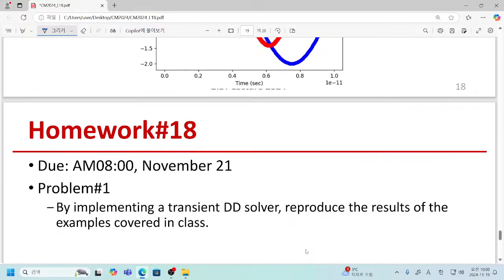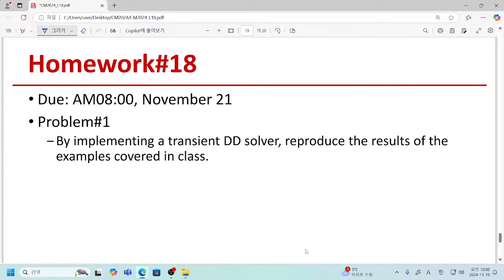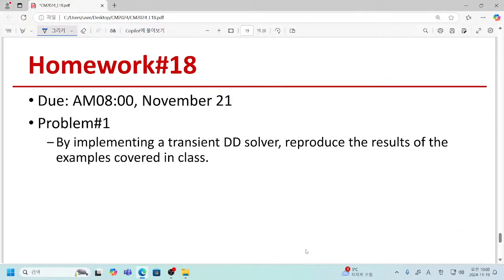Okay, so now let's wrap up today's lecture. Simply speaking, what you have to do is please try to implement a transient DD solver, which can consider the terminal resistances. So at your two terminals, you can specify an arbitrary value of terminal resistance.